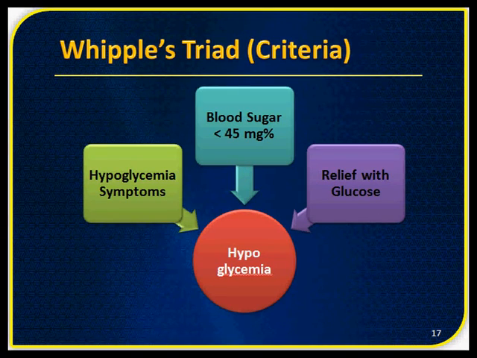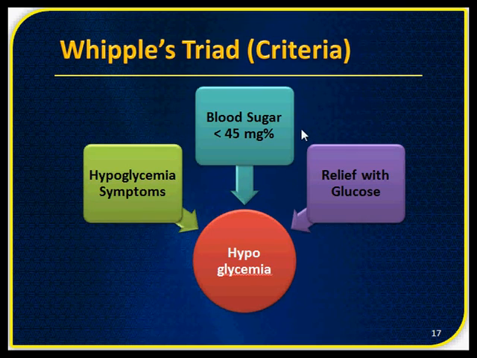In order to confirm the diagnosis of hypoglycemia, we need three things, called Whipple's Triad or Whipple's criteria. First, the symptoms of hypoglycemia: the autonomic symptoms, the neuroglycopenic symptoms, and other symptoms, and the presentation of a patient with a picture of hypoglycemia. Secondly, we must demonstrate that the blood sugar is low, something less than 45 milligrams, by a blood test.